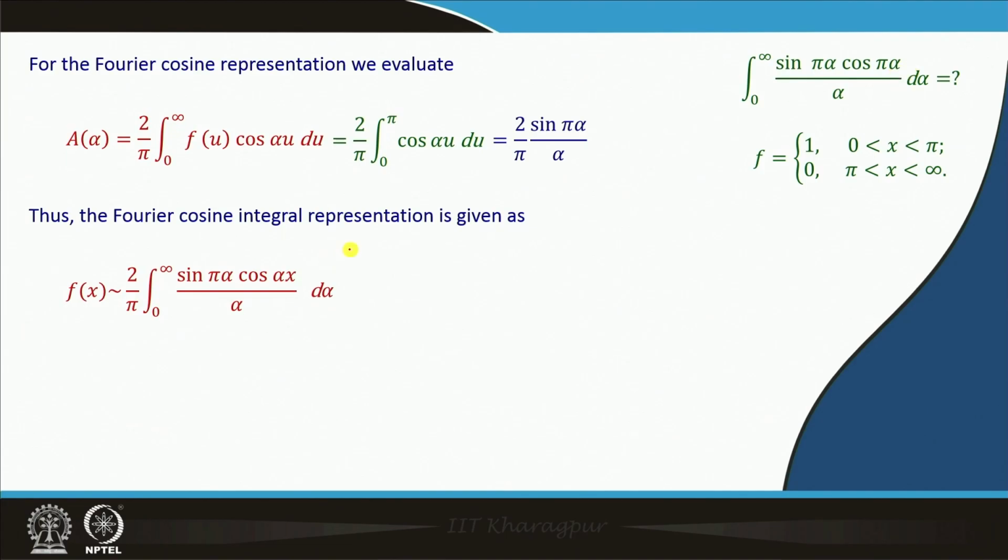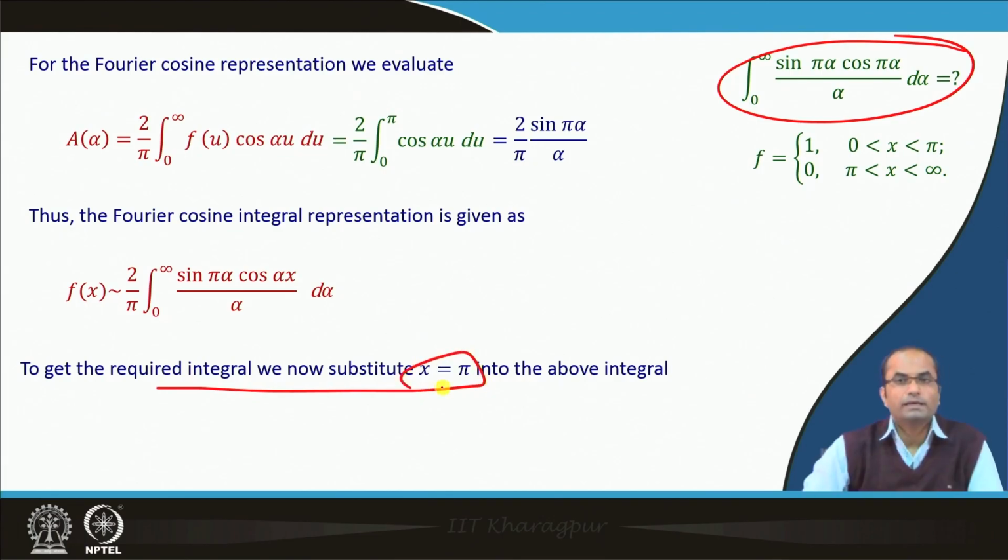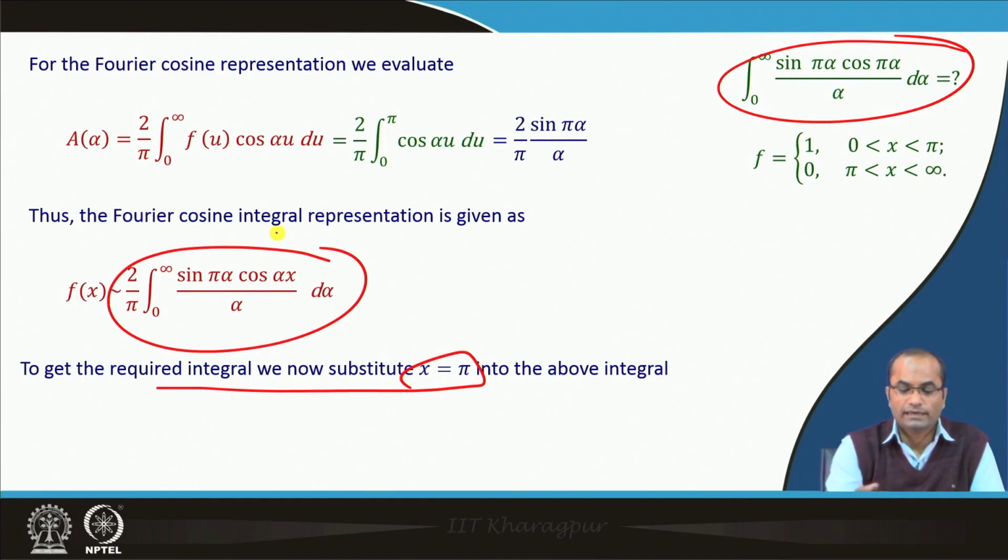So, to get this desired integral, we have to use x is equal to pi. If we substitute x equal to pi into the above integral, then we can exactly get the desired value there.